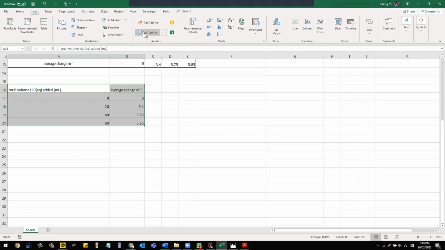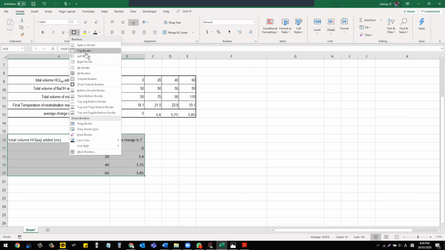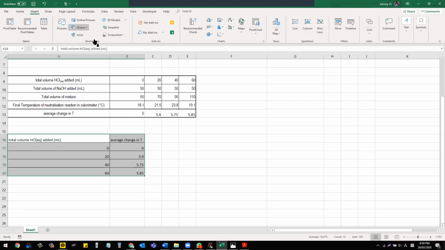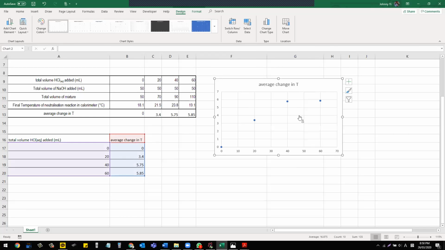Yeah, okay. Do you follow everything? Yep. And I just plot this one just to see the trend, you know? So it's sort of giving me that trend. This is the amount of acid added. This is the temperature change, okay?